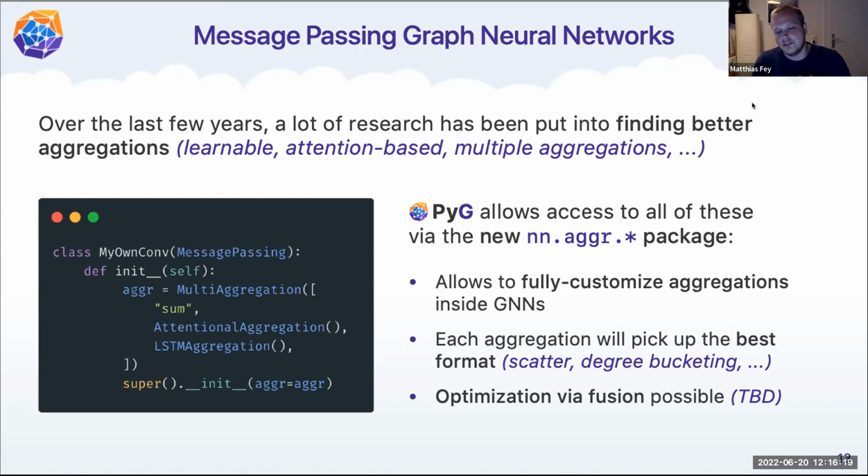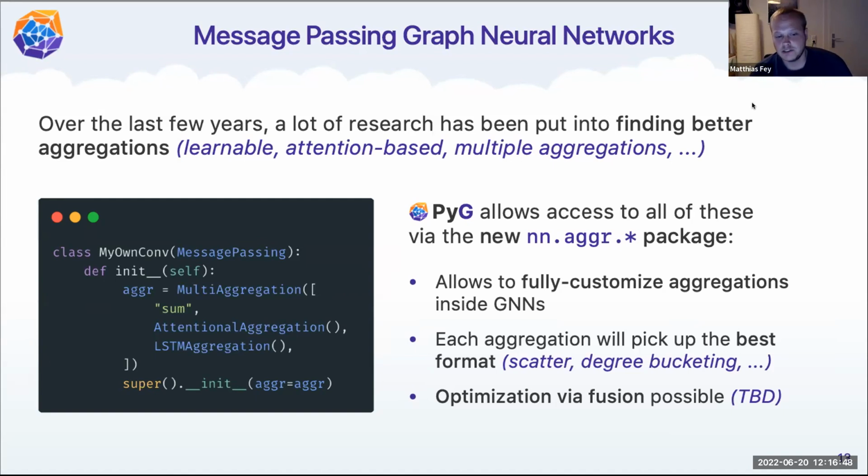And the idea here is that we expose any aggregation as a simple base class, which the user can customize and fully extend. And so instead of providing this aggregator string, you can actually define any aggregation you like. You can also combine them together using this multi-aggregation function, which just takes as input a list of different aggregators.